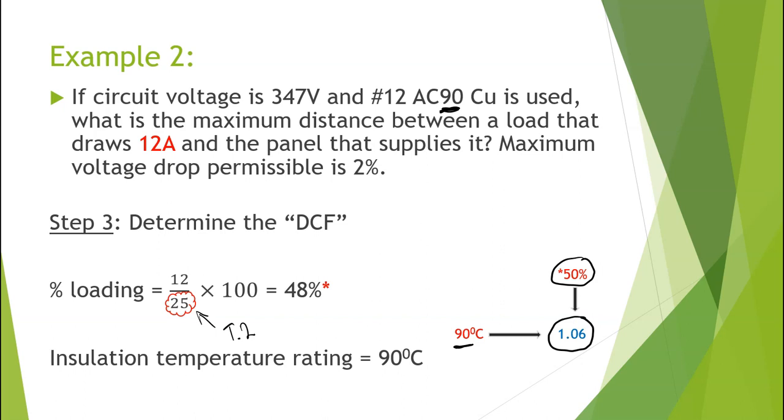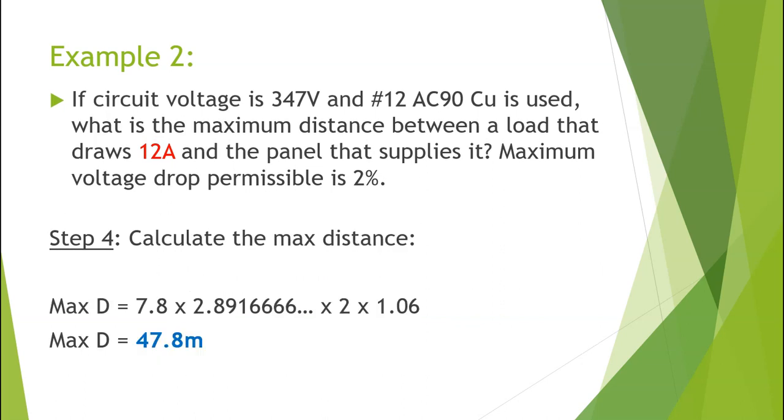Now that I have my D3 value, my voltage multiplier, my voltage drop multiplier, and my DCF, I simply need to do the calculation. And so I take my 7.8 from table D3, multiply it by my 2.891666 repeating. That is my voltage multiplier.